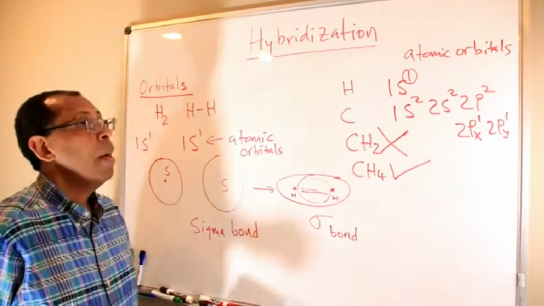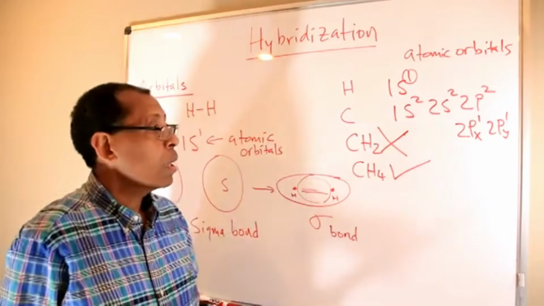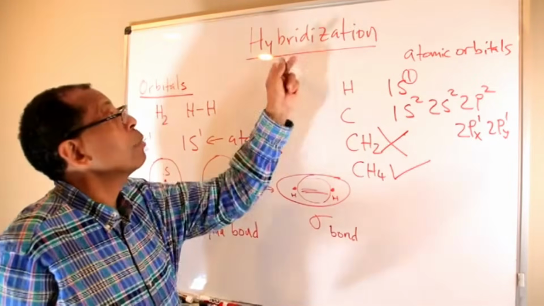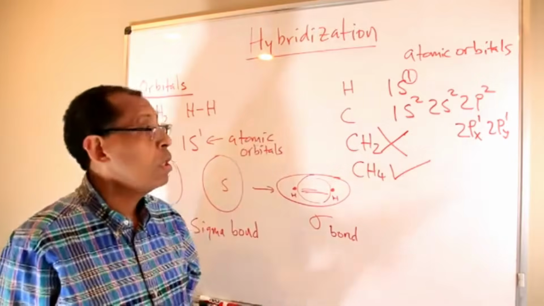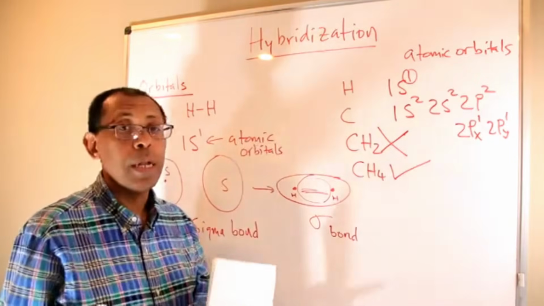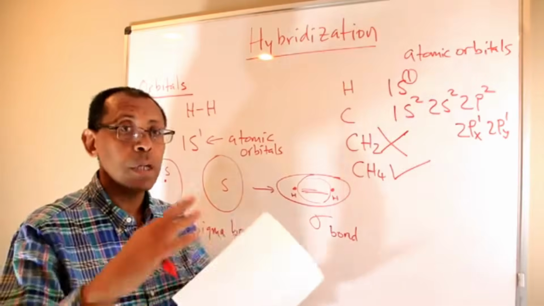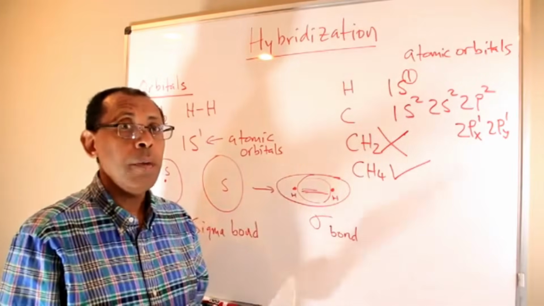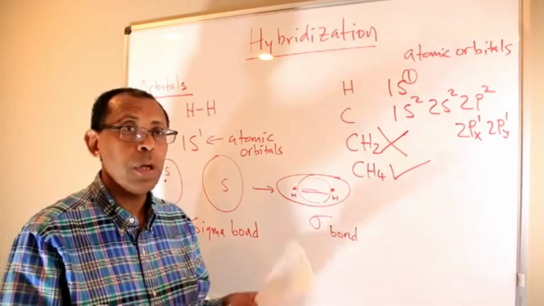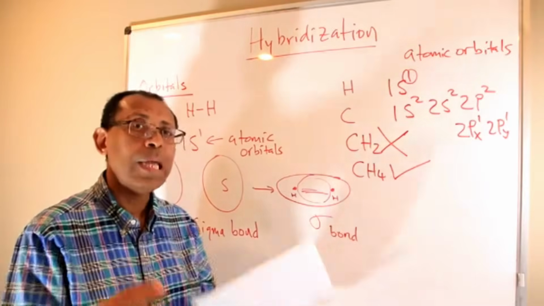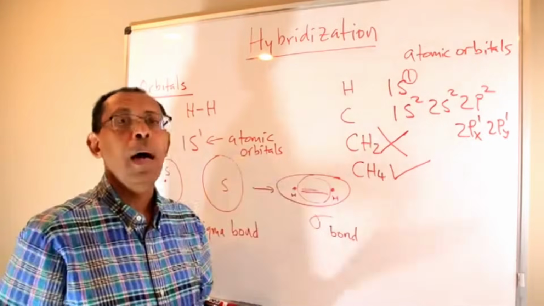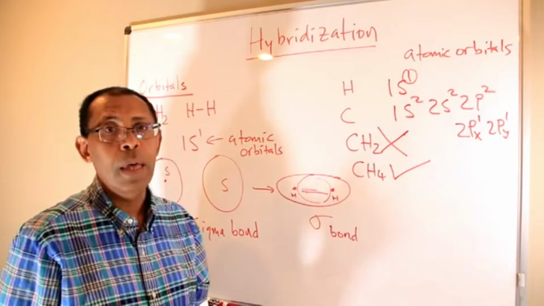But in order to make organic compounds, there is a concept we call hybridization, where the atomic orbitals make certain transitions and make appropriate energy level orbitals that can also perfectly overlap so that they can make a bond.